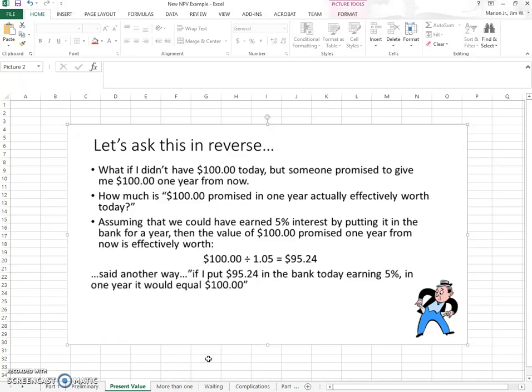So some terms to remember here. In this case, the interest rate is referred to as the discount rate. You're taking a future value and you're valuing that in today's worth. So this is what we mean when we say present value. How much is future money worth today? And it's calculated by factoring in the interest rate.